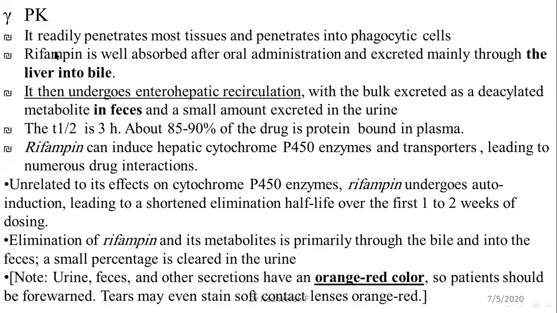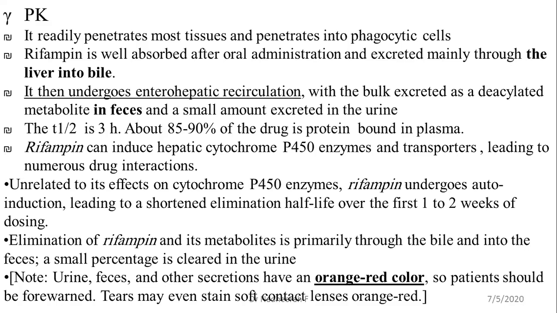Pharmacokinetics. It readily penetrates most tissues and penetrates into phagocytic cells. Rifampin is well absorbed after oral administration and excreted mainly through the liver into bile. It undergoes enterohepatic recirculation, with the bulk excreted as deacetylated metabolites in feces and a small amount in urine. The half-life is about 3 hours.